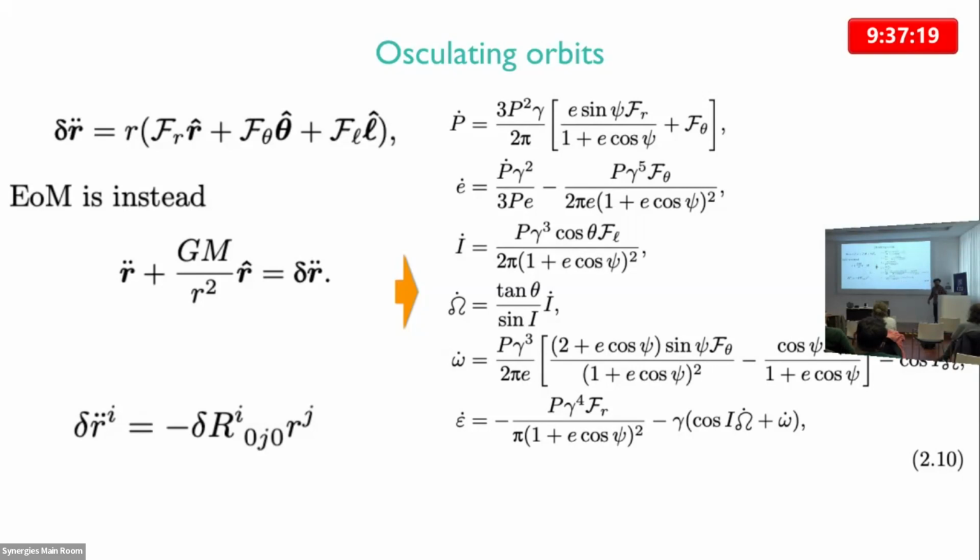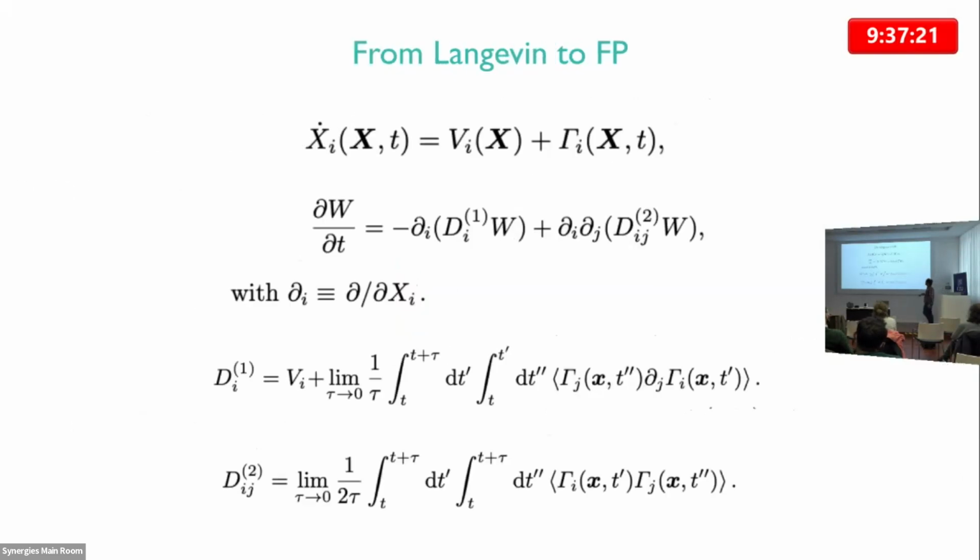I don't know if you are so familiar with that, but the idea is that you have a system that evolves like this, like there is some acceleration or something, and it has some deterministic piece and some noise part, and eventually a good way to describe this system is in terms of the PDF or the stochastic properties of the variables of interest.